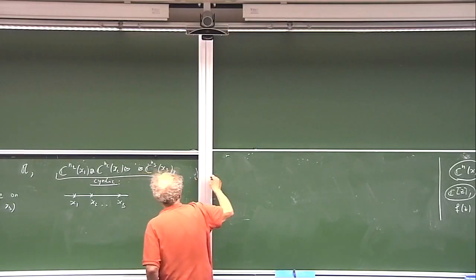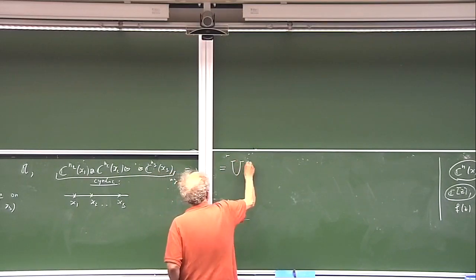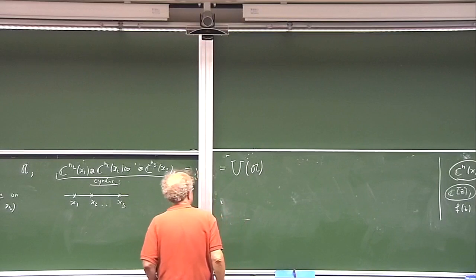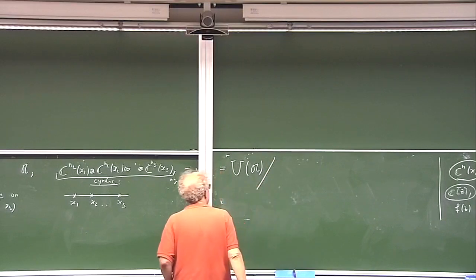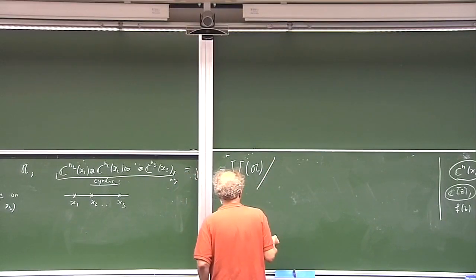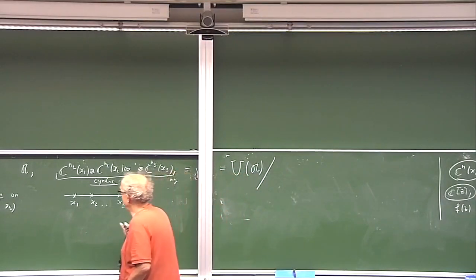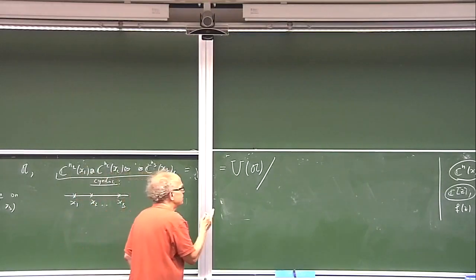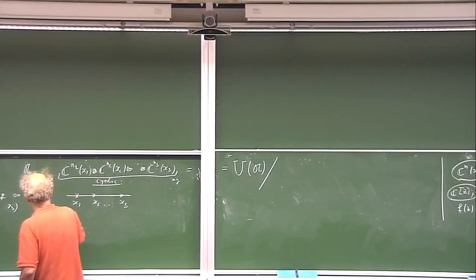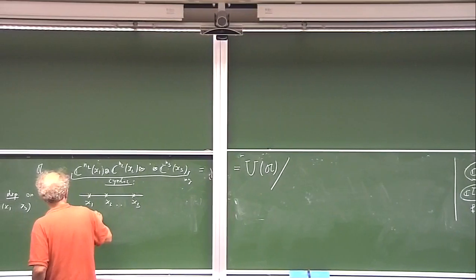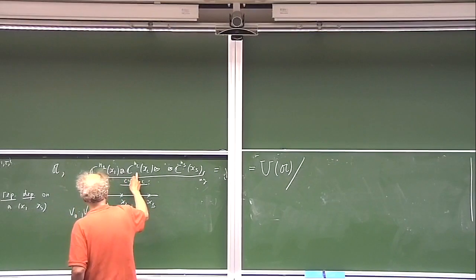And it means that this representation, because it is cyclic, is a quotient of the universal enveloping algebra of this Lie algebra, which is commutative. I can factor, because this is a representation and it has a cyclic vector. And what is the cyclic vector, by the way? The representation is this n-dimensional representation, with basis V0, V1, and so on, Vn minus 1. Here the same, and so on.